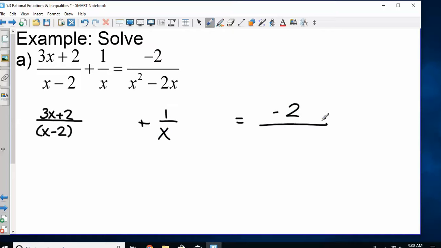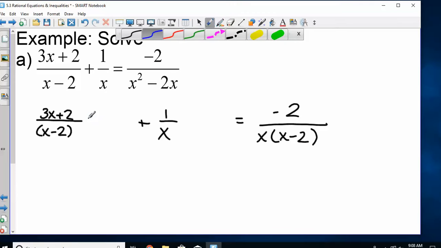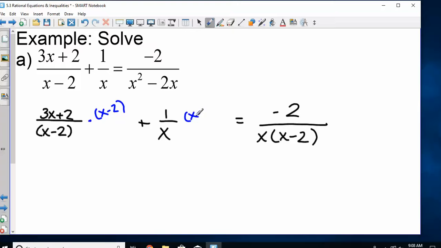Okay. How could I factor x squared minus 2x? Take out an x, and I'm left with x minus 2. Is that helpful? Yeah, because now for the first fraction, what do we have to multiply by? Remember, you do it to every single term.